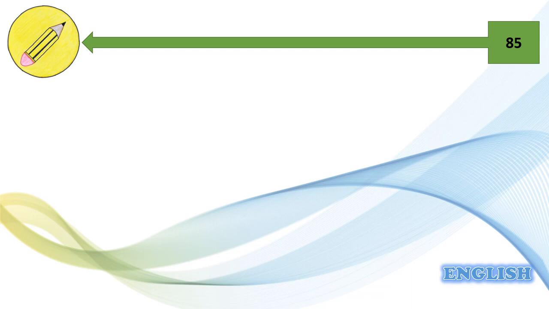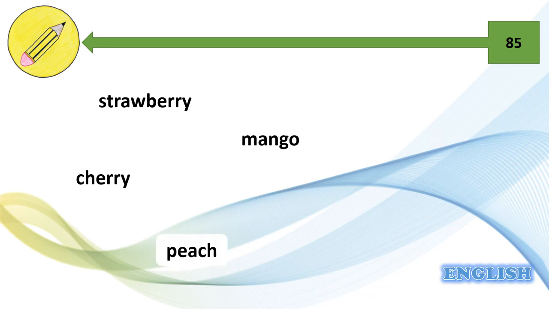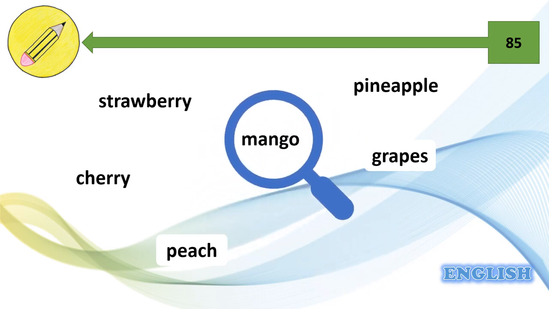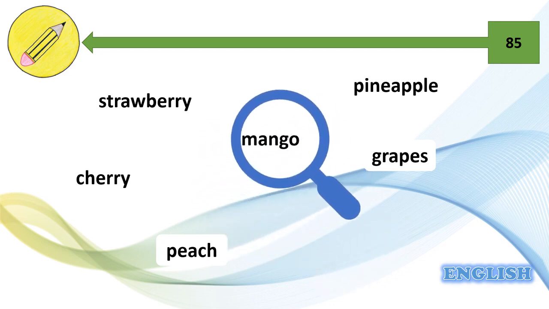I want you to search for the 6 words we learned yesterday, like strawberry, cherry. Do you remember all of them? Mango, peach, pineapple, and grapes. Excellent. I want you to search for these words in the song, and if you find any, please draw a circle around it. Now pause the video and go ahead.